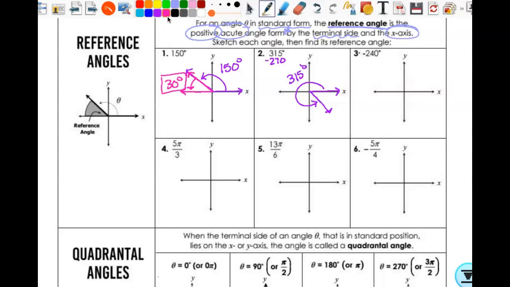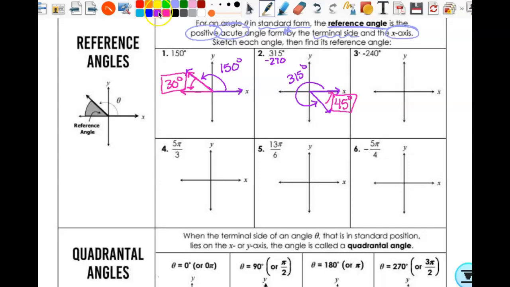The shortest way to the x-axis is this right here. And what's that measure? 45. If this was 45, that has to be 45, right? That's your reference angle. Another way to graph 315 is to think, if I go 360, I can back up 45, and that'll put me at 315. We need to be able to think forwards and backwards with this stuff. Okay, everybody good with that?